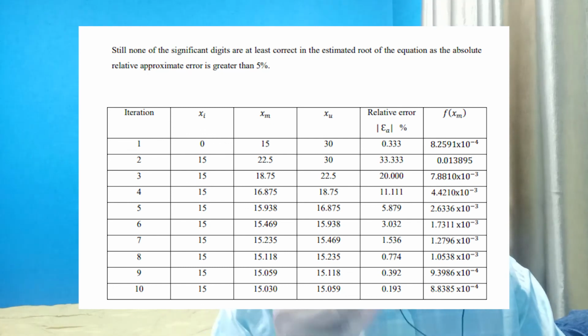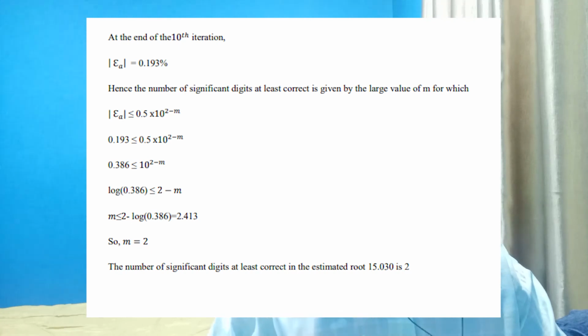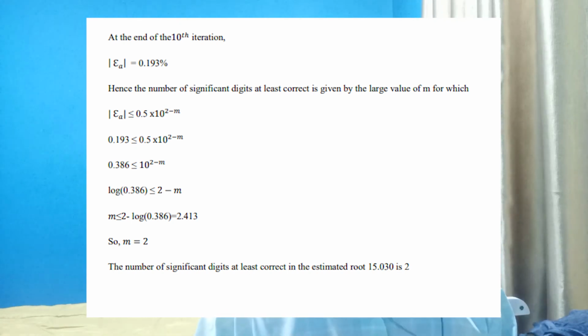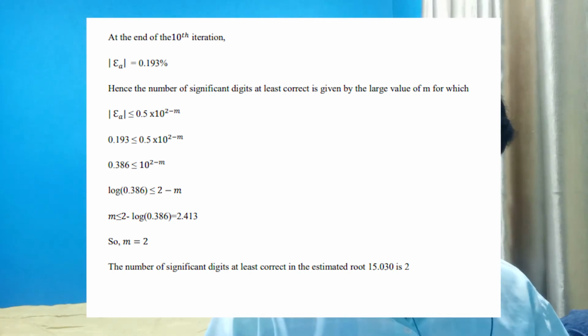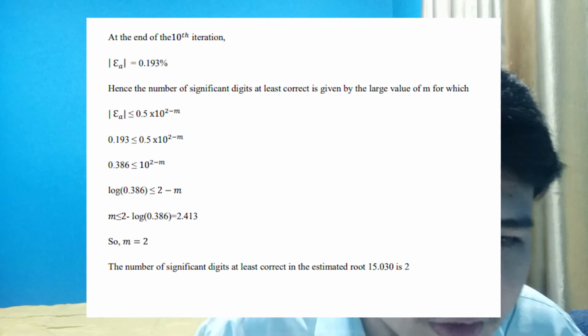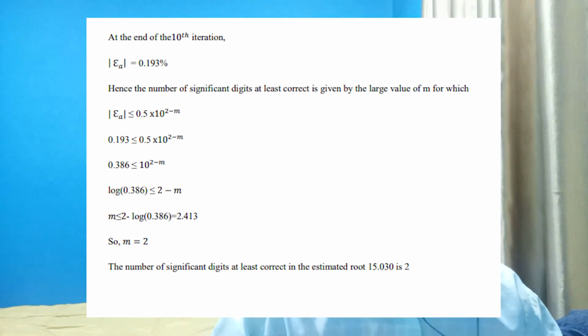And at the end of the 10th iteration, we will get 0.193%. Hence, the number of significant digits at least correct is given by the largest value of m for which the error is less than or equal to 0.5 times 10 to the power of 2 minus m.